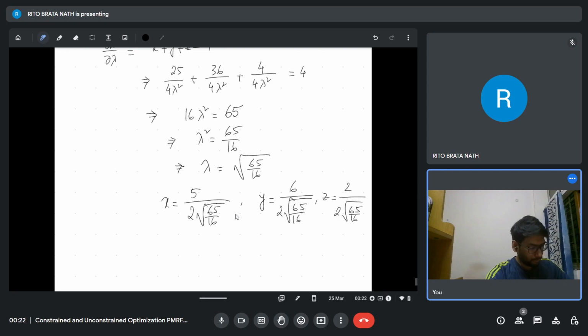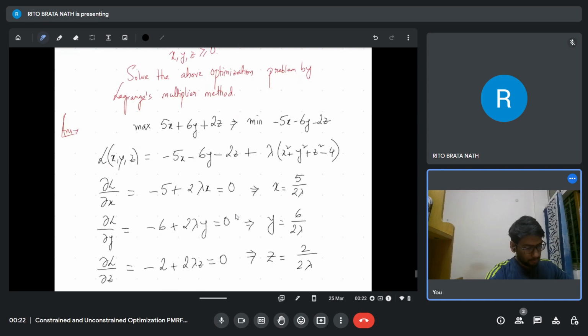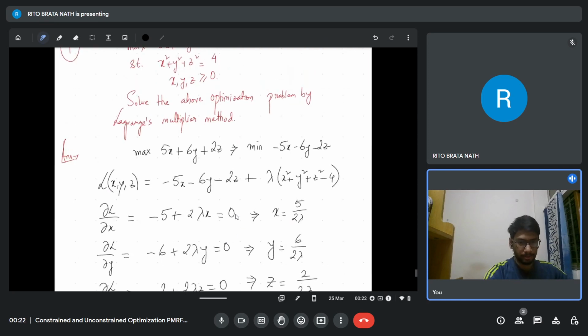I'm not going into the details. So that's how you can get this x star, this y star, and this is z star. Yeah, very similar problems you'll find in the assignment.